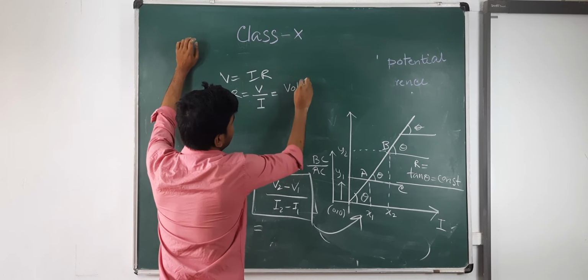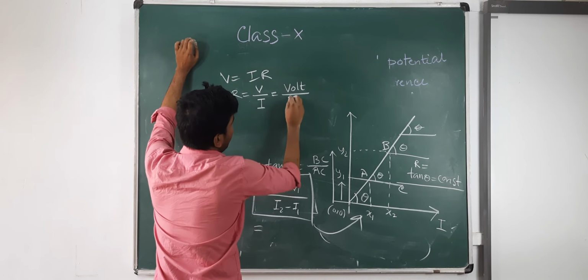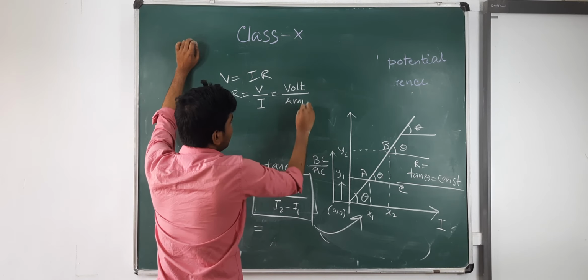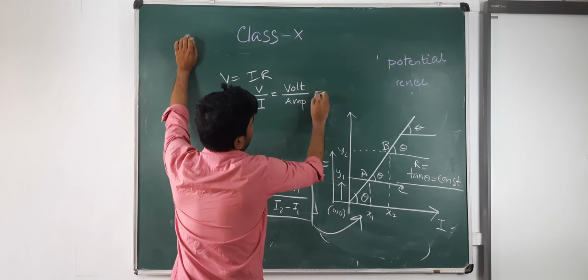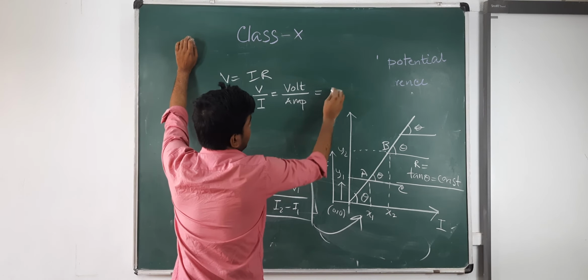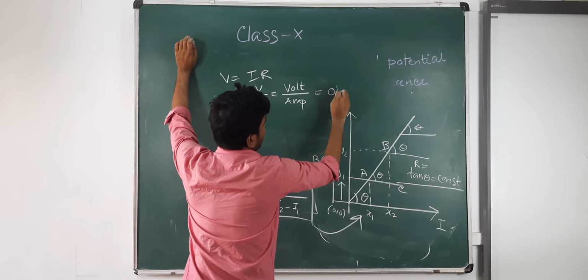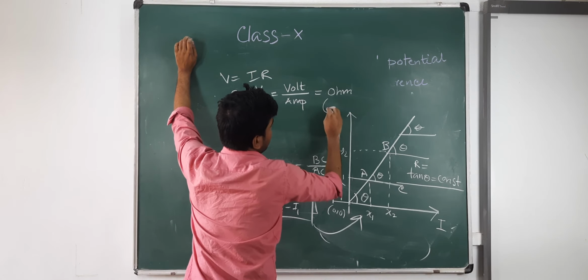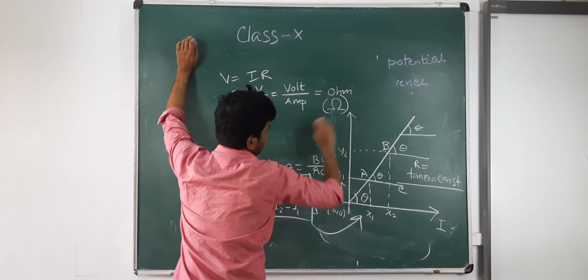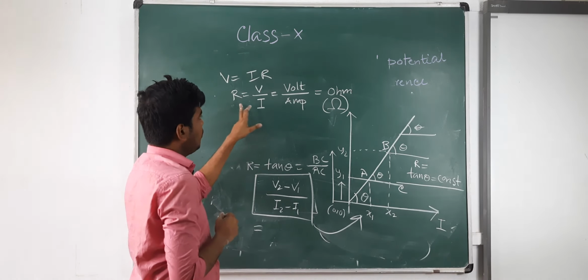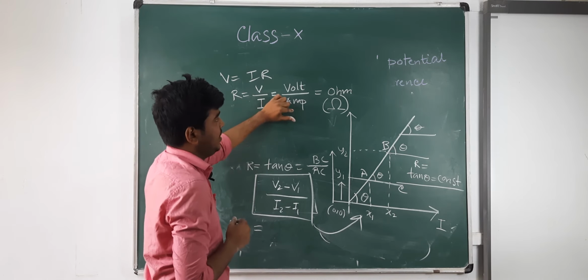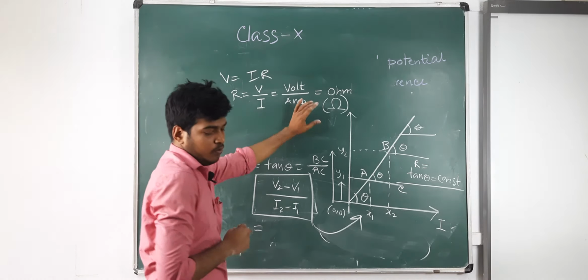Volt. And the unit of current? Ampere. So the unit of resistance will be volt by ampere, or ohm. Ohm is denoted by this sign. So the unit of resistance is volt by ampere, or you may say ohm.